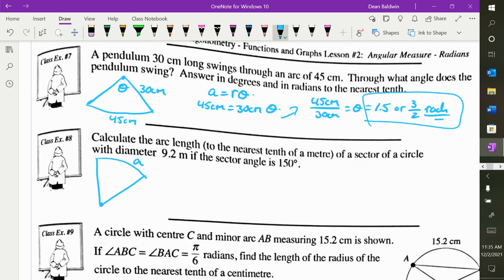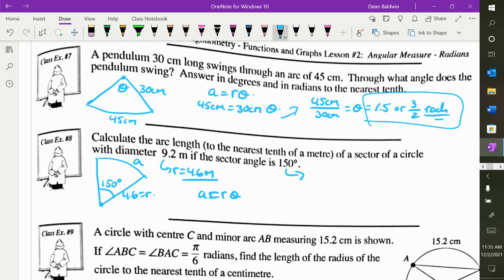We want radius. How do you find radius from diameter? Half it. So the R is equal to 4.6. They tell us this angle is 150 degrees. Do I want it to be 150 degrees? No. I want it to be in rads. Has to be in rads to use the A is equal to R theta formula.